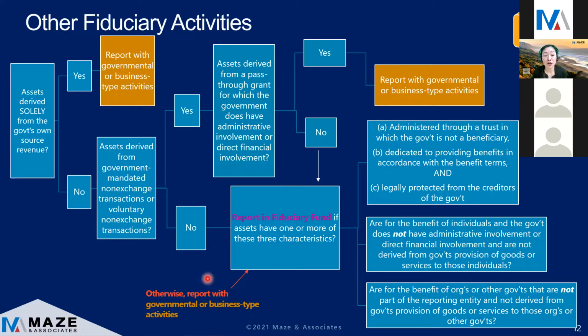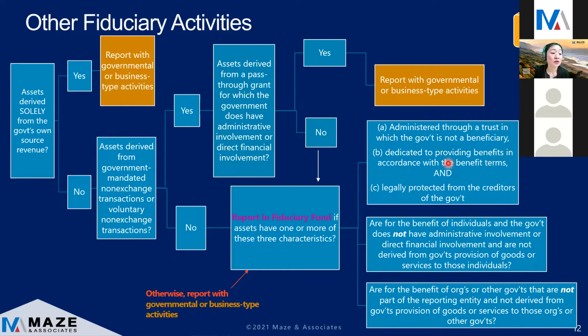I know this flowchart is very complicated. I put it here not thinking that you're going to remember the whole thing, but hopefully it will help you walk through it as you implement GASB 84, so that you can walk through each of your current fiduciary funds one by one through this scenario and figure out where you put it under GASB 84.